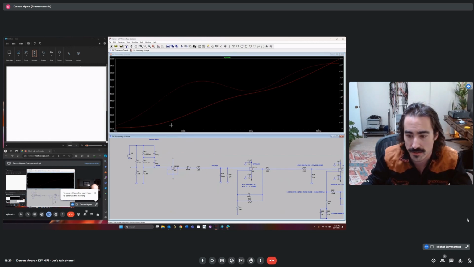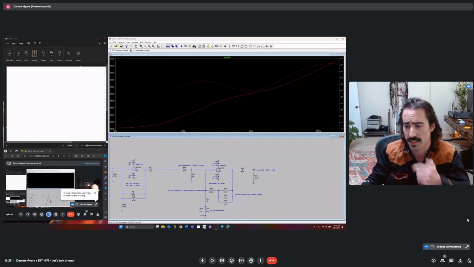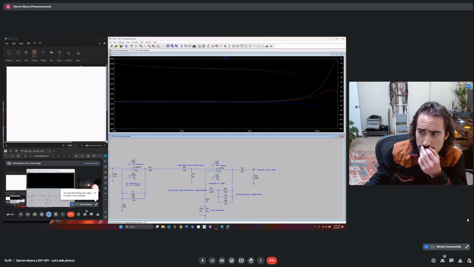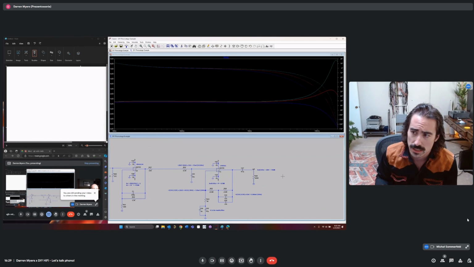So we're going to go ahead and simulate this now, and I'm going to put this on the output. I'm doing this because I want to show the differences in the loading resistors on a moving magnet phono stage, what it does.